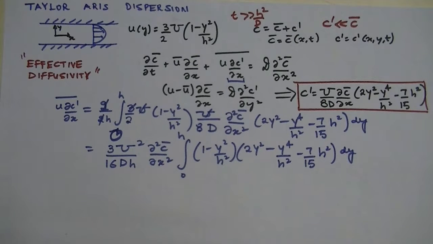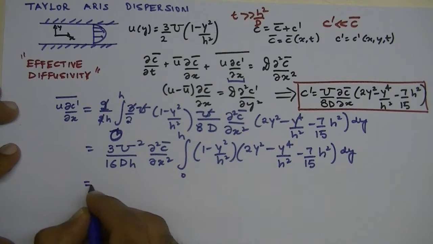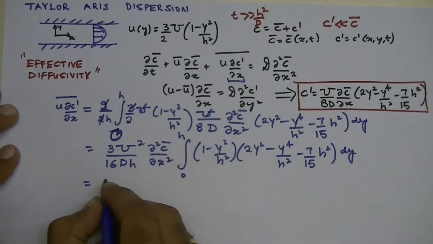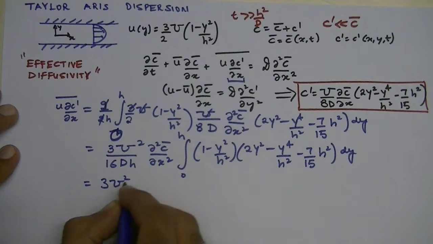Okay, so we can further simplify this integral, 3u squared over 16 Dh.